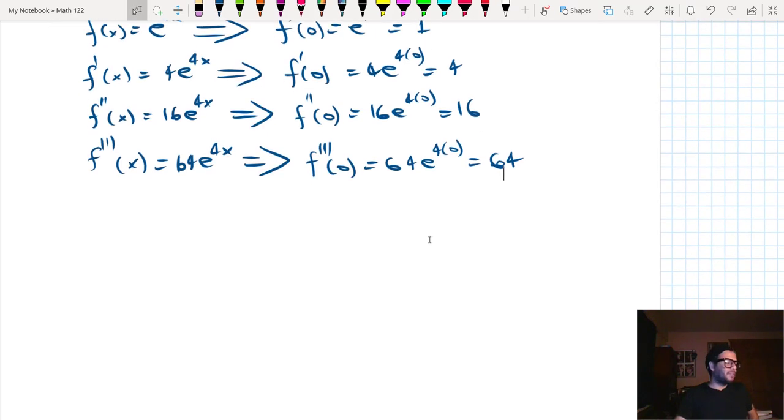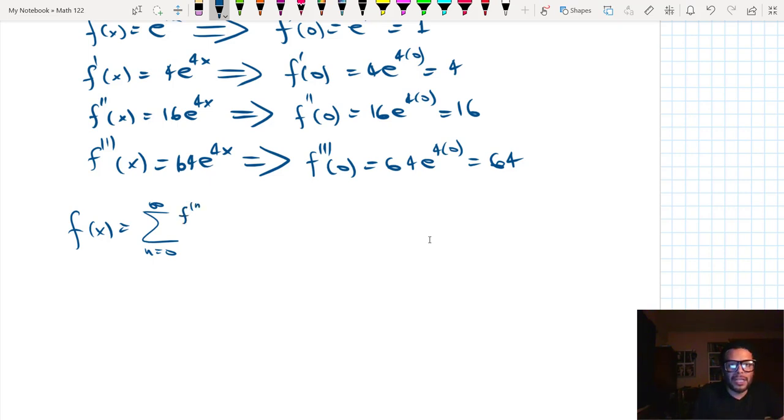Okay, now let's write this as a power series. f of x equals sigma n equals 0 to infinity of f nth prime evaluated at the center over n factorial times x minus a to the nth power, where a is the center of the function.